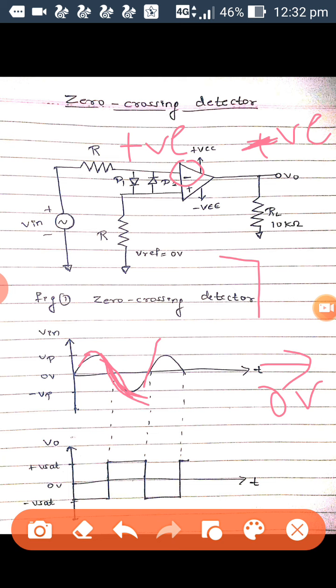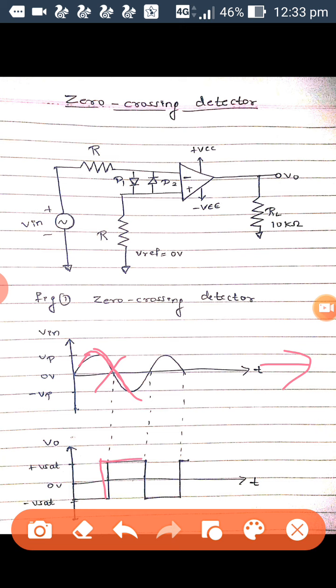Simple it is. See this waveform now, you will better understand this. Whenever this input moves in negative direction crossing the zero line, the output will be in a positive direction, saturation voltage plus V sat. Whenever the input moves in positive direction crossing this zero line again, the output will be in a negative direction, that is minus V sat.